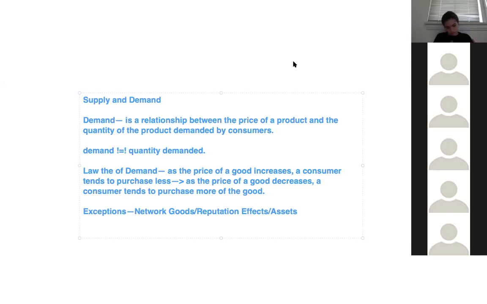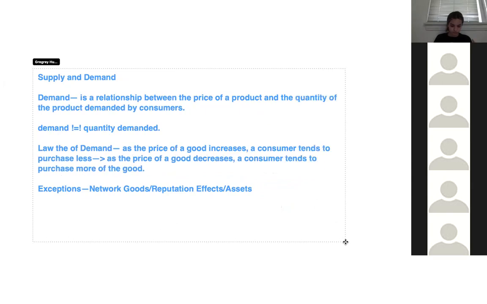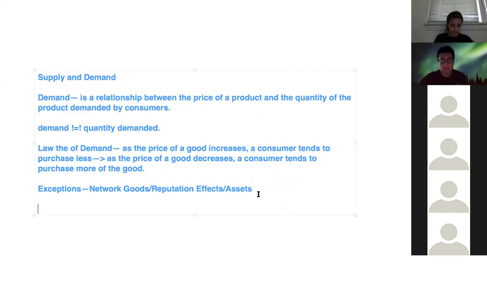So in those cases, these exceptions, the law of demand doesn't describe the relationship between price and quantity demanded as we'd expect it would. But the last thing that I want to say on this is there's a more general description, and I'll write it here as another way of describing the law of demand.